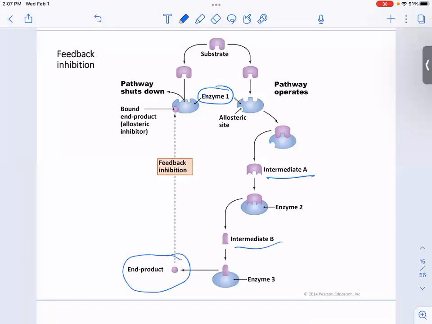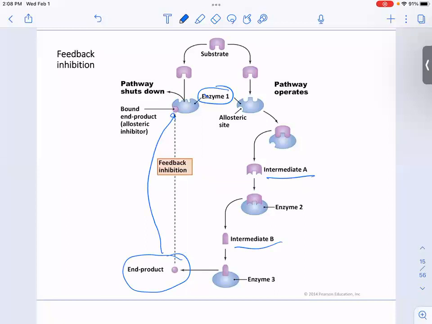Well, if the cell has a whole bunch of that, maybe it makes sense that the cell doesn't keep producing more of it. So that end product can actually bind allosterically, almost always going to be allosterically. It's not going to have probably the same shape as the active site. And that will inhibit that pathway. So the cell has a bunch of it and doesn't want to make some more.